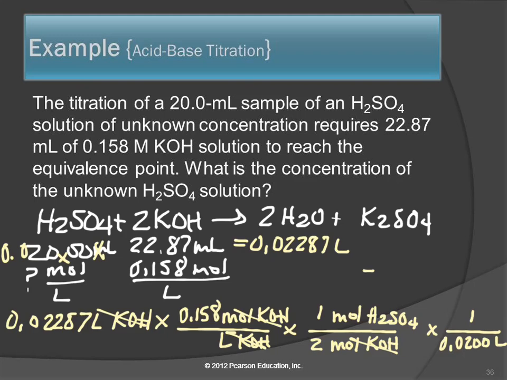And this will equal, let's see, here we have 3 sig figs and 4 and 3. So we should round this to 3, 0.0903 moles per liter, or capital M. Any questions?